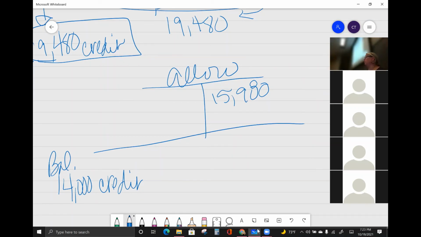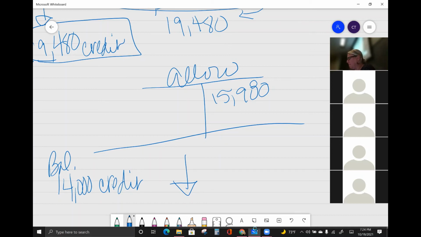I need to increase or decrease that number if I want to get my balance to 14,000. Decrease. So I need to decrease my account. Well, how do I decrease it? With a credit or a debit?